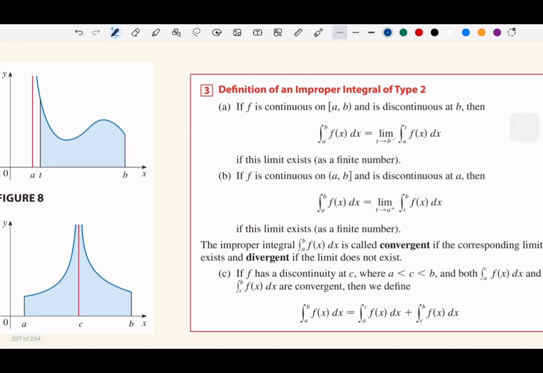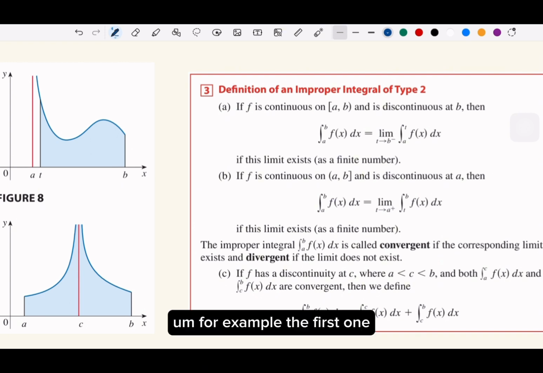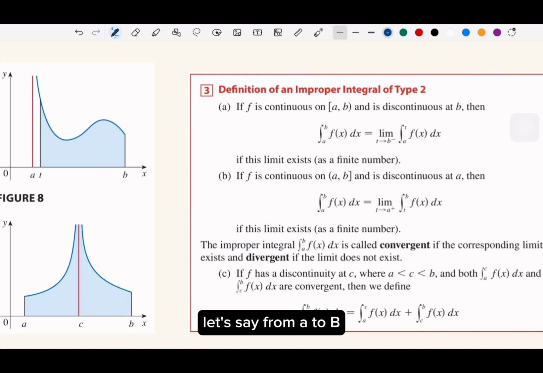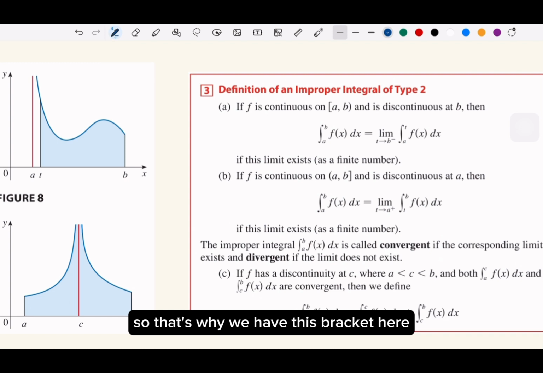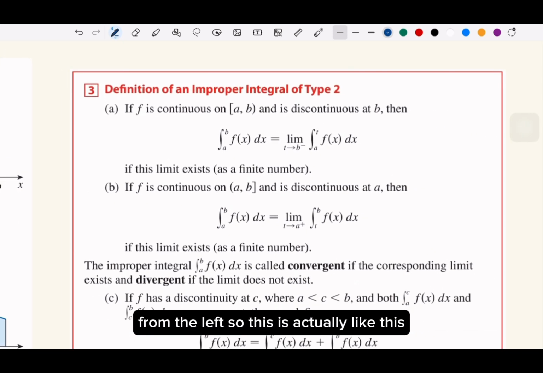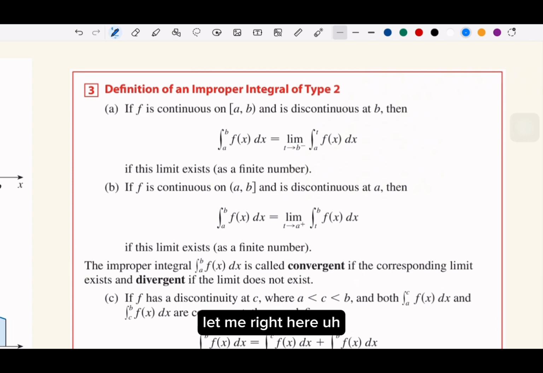So let's say we have a discontinuity. For the first one, a function is continuous on some interval, let's say from A to B, and then at B it becomes discontinuous. That's why we have this bracket here, which states that we're not including B. The discontinuity happens at B, so we take the limit from the left approaching that discontinuity.